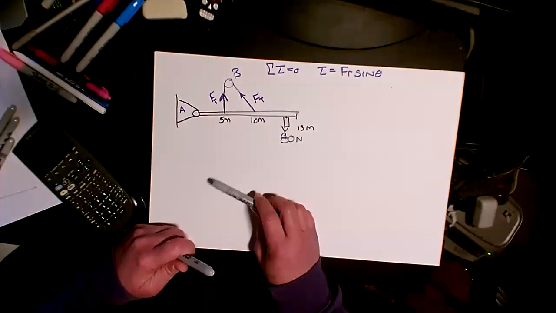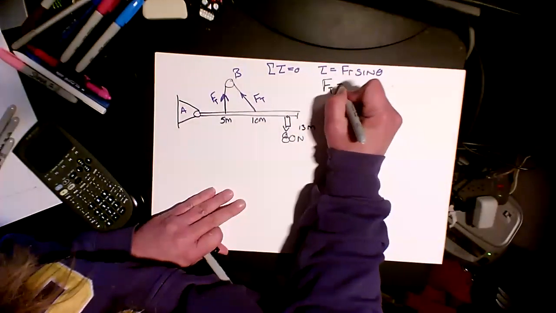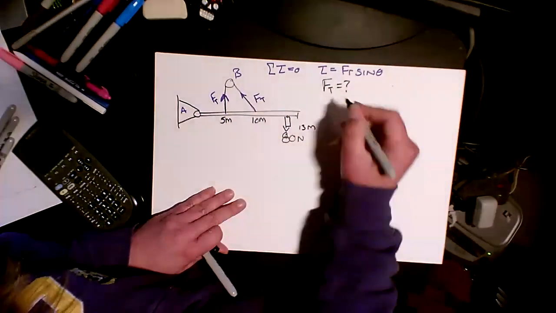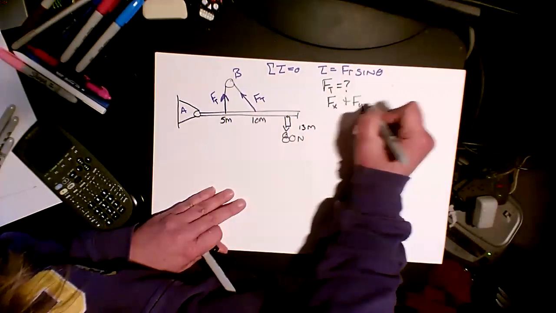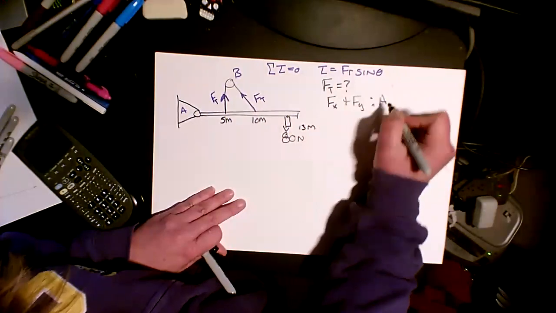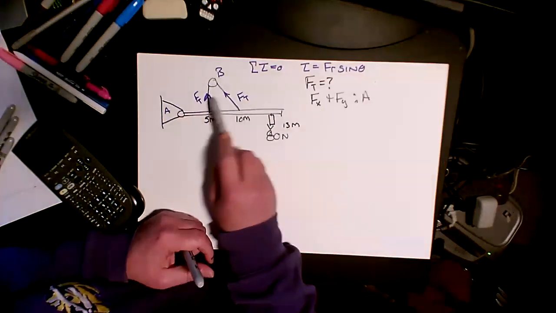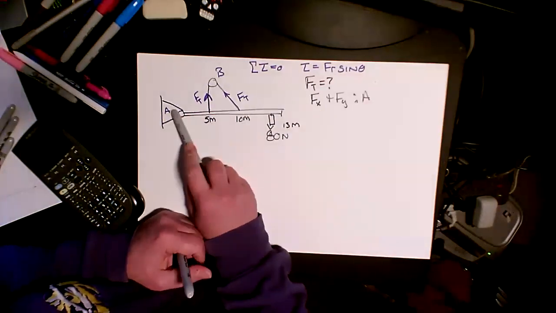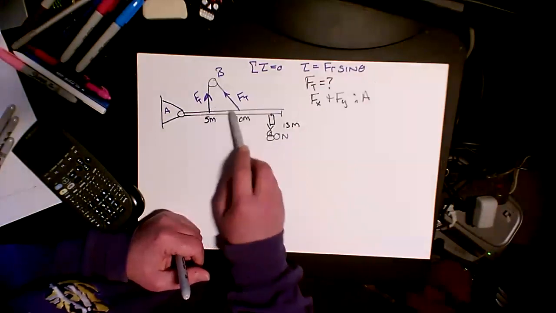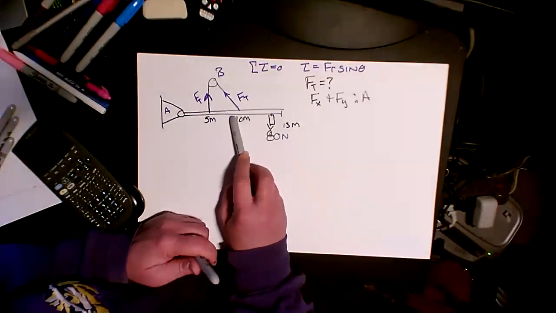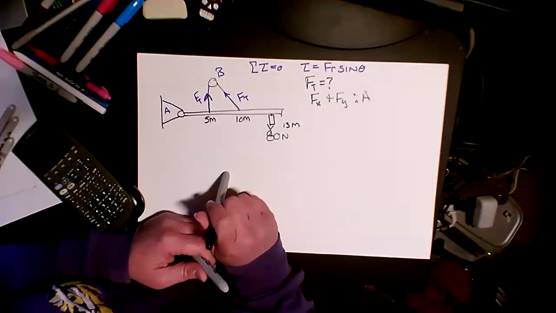So the question wants to know, what is the tension? So we want the force of tension. And we want to know the force components, the force X and the force Y, on the hinge A. So I look at this and I'm like, okay, these two tensions are the same, but the force acting over here, the X and the Y from what's going on out here, that's not going to be the same as these tensions.